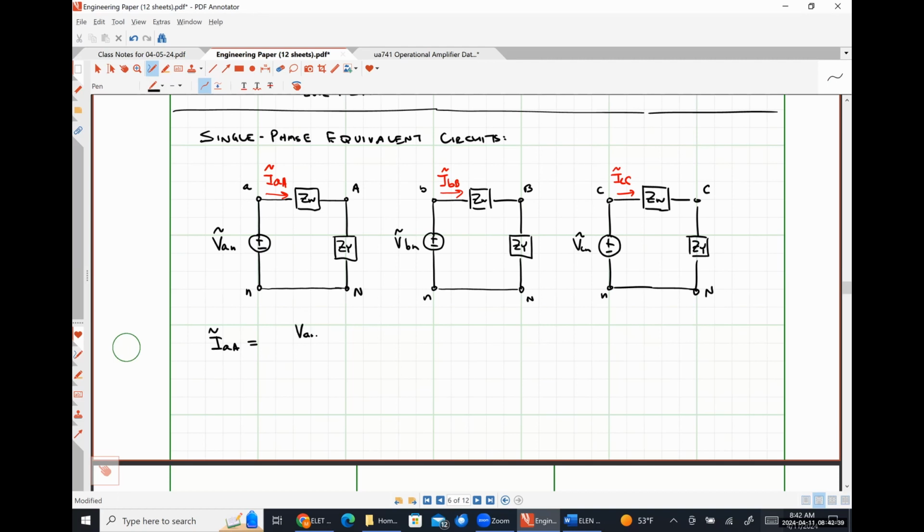So VAN divided by ZW, but that's not going to be it. Plus ZY, absolutely right, because the whole voltage drop of VAN occurs over those two impedances connected in series. So once we know IAA, we know IBB and ICC just by shifting IAA by 120 and 240 degrees respectively.